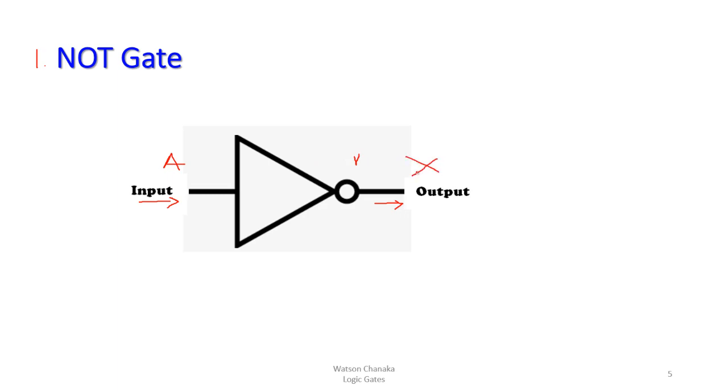Okay, if you look at the NOT gate, it has a single input, which means that if you see one line here, it means it's a single input. This is a NOT gate. It has got a single input, and it also has a single output. So if you see one other line at the end here, it means it's the output, which will be a single output.